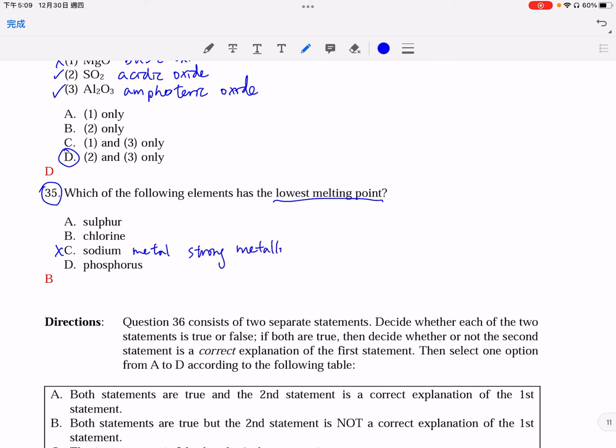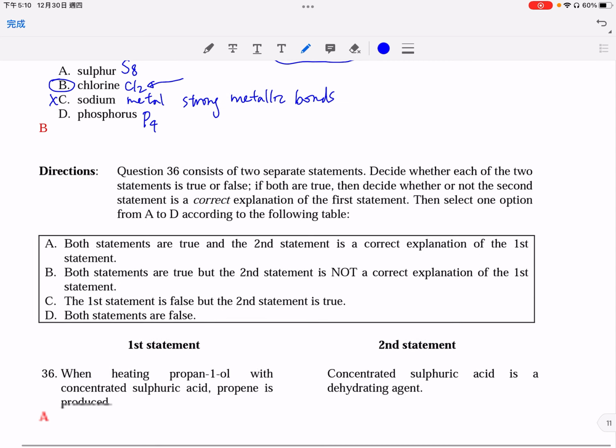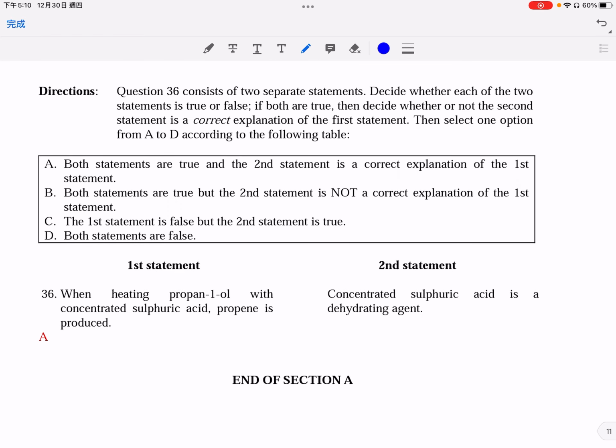Sulfur, S8, chlorine, Cl2, phosphorus, P4. So chlorine has the smallest molecular size, and therefore the strength of van der Waals forces will be the lowest. So the answer is B.